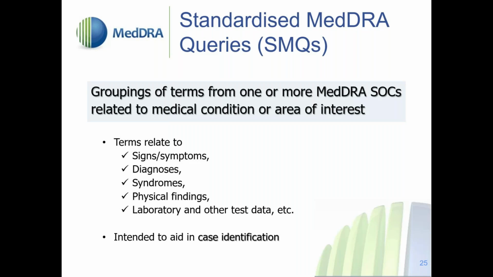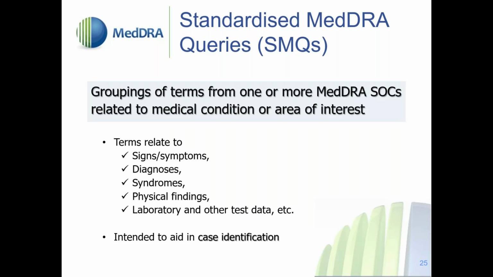The terms in an SMQ may come from one or more system organ classes as long as they are relevant to the medical condition of interest. They could represent signs or symptoms of a condition, the actual diagnosis itself, the syndrome itself, physical findings that may be relevant to that condition, lab findings, or procedures that were done for that condition.